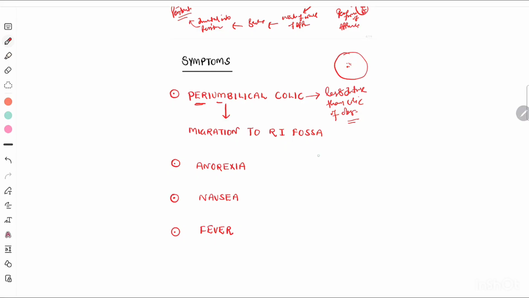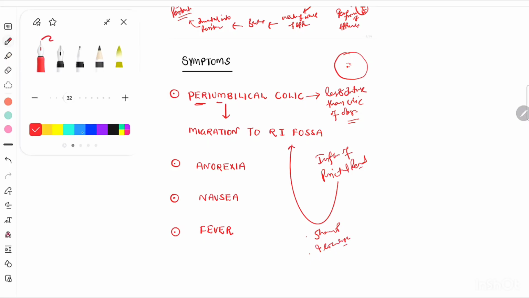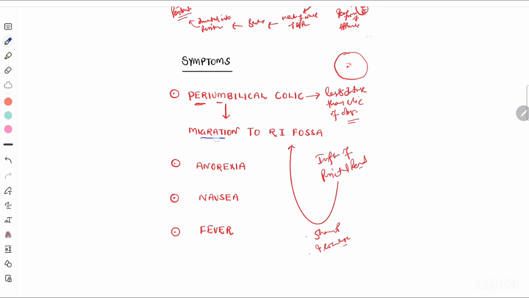Then after inflammation of the parietal peritoneum, the pain migrates to the right iliac fossa, and now the pain is sharp and localized. So in appendicitis, there will be migration of pain.